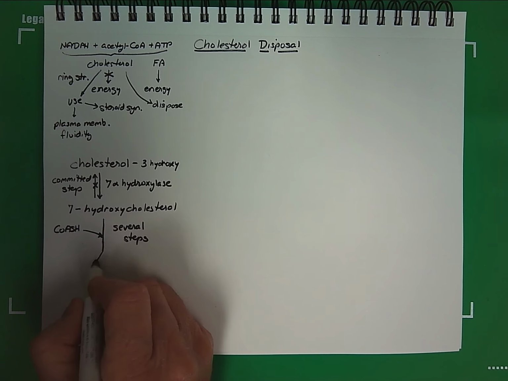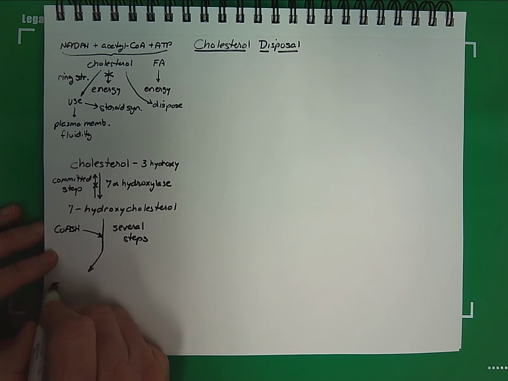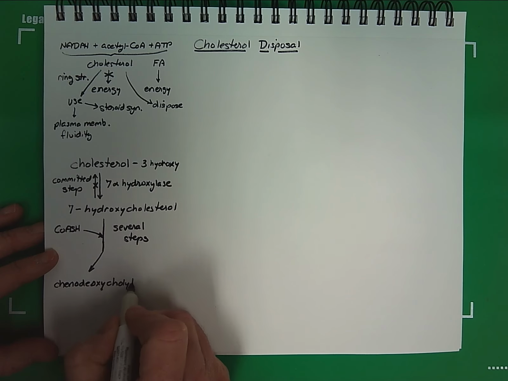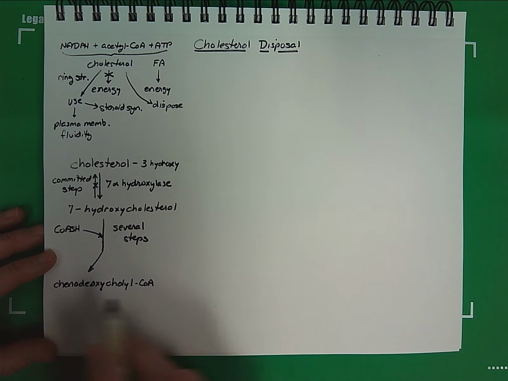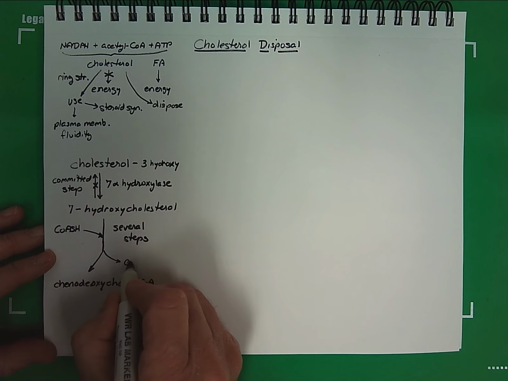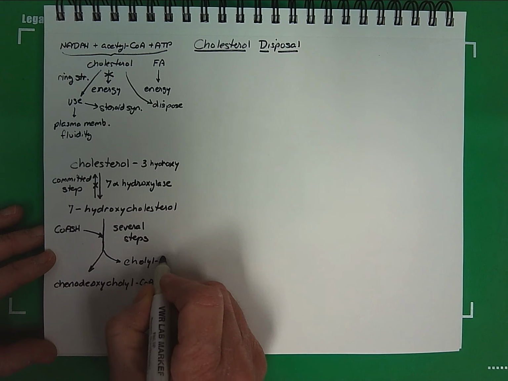So what we are essentially forming are two independent molecules. One is called chenodeoxycholyl-CoA, and the other one we're forming is cholyl-CoA.